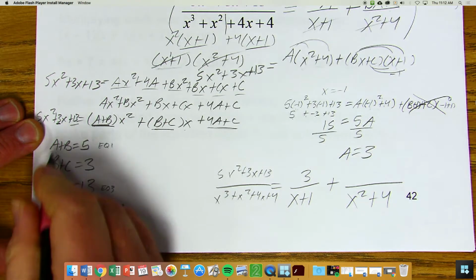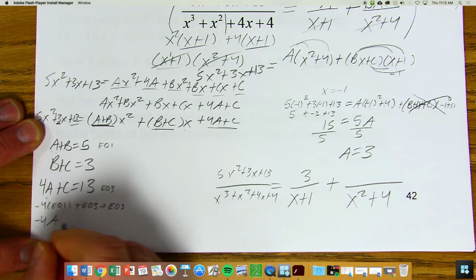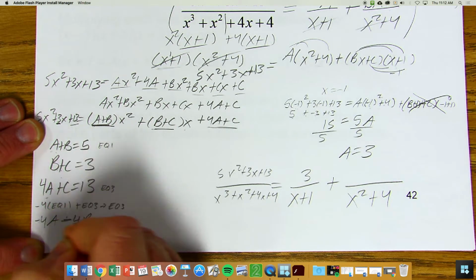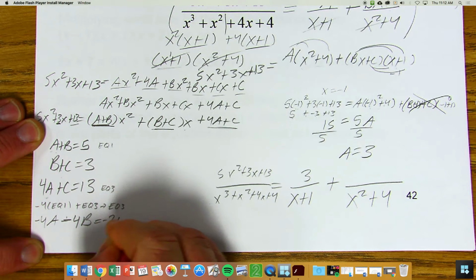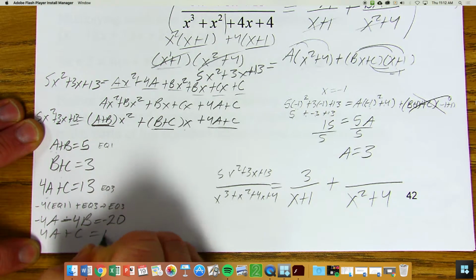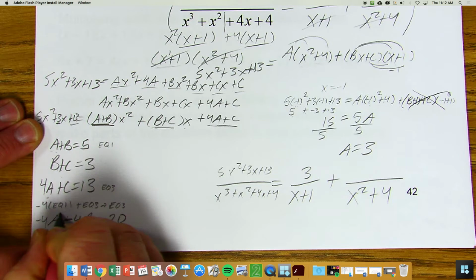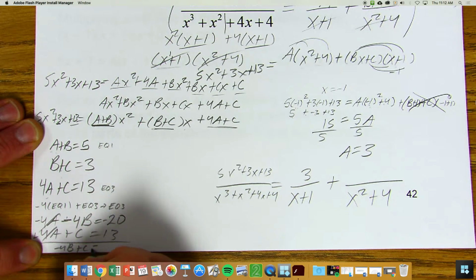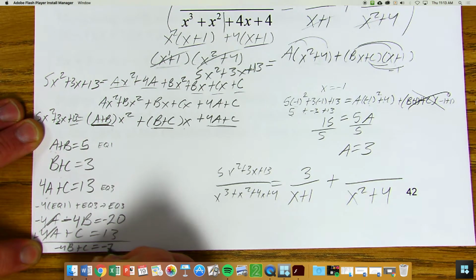So I get -4a minus 4b, because -4 times b is -4b, equals -20. And now I have 4a plus c equals 13. I'm going to add those together. These will cancel. Gives me -4b plus c equals -7.